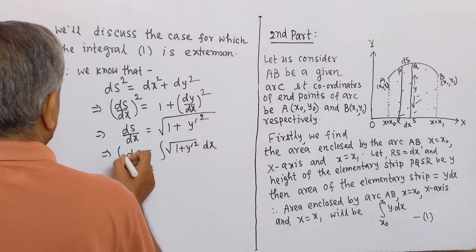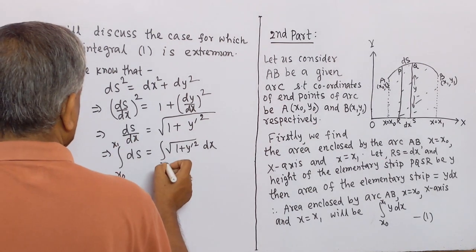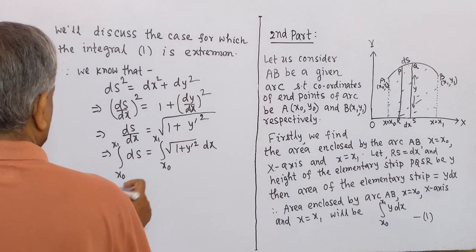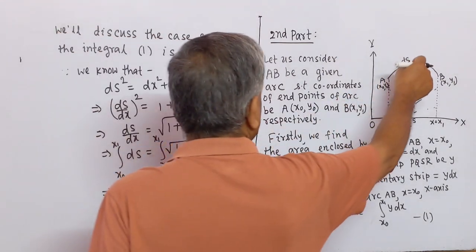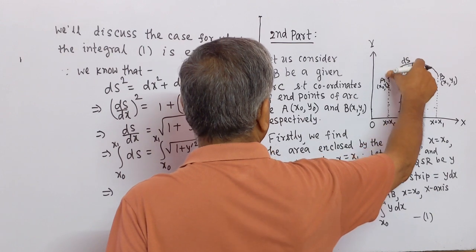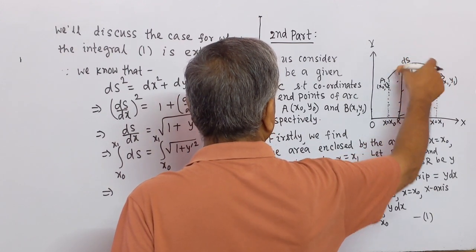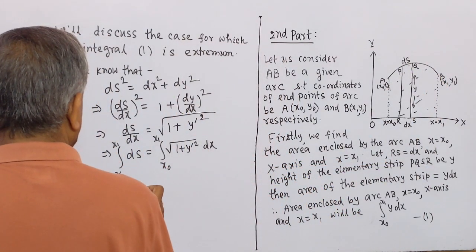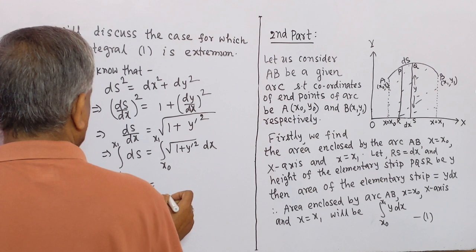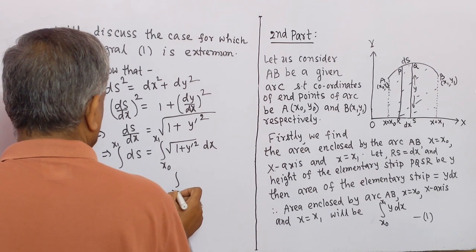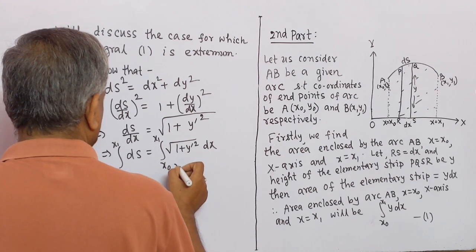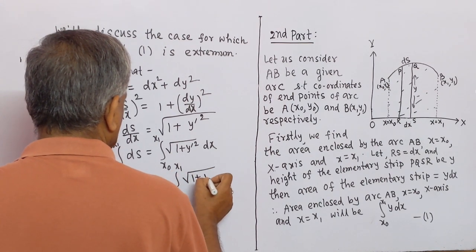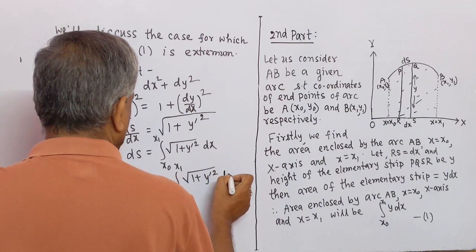Integrating both sides from x0 to x1 limit, and this ds is the elementary arc. Sum of all elementary arc will be the length of the arc AB, that is S, equal to integration x0 to x1 limit square root 1 plus y prime square dx.